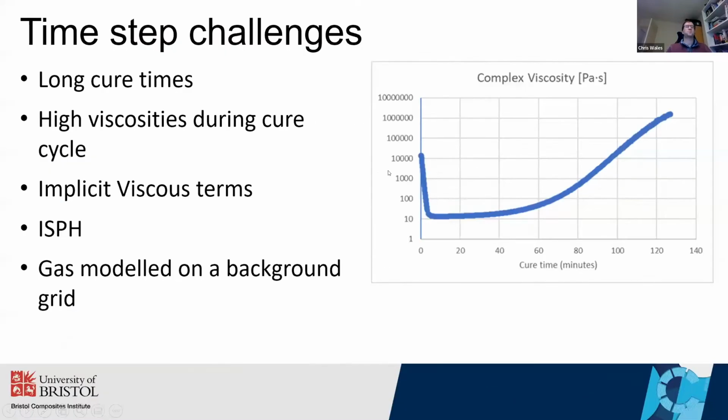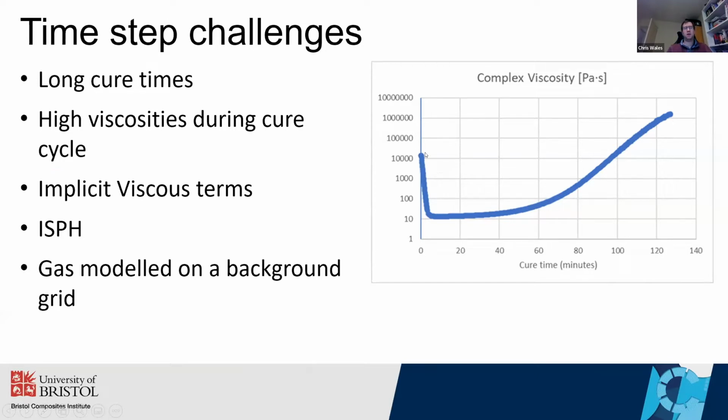Hopefully it won't crash again. The challenges are that we've got fairly long cure times and much higher viscosities than normally simulated in SPH simulations.